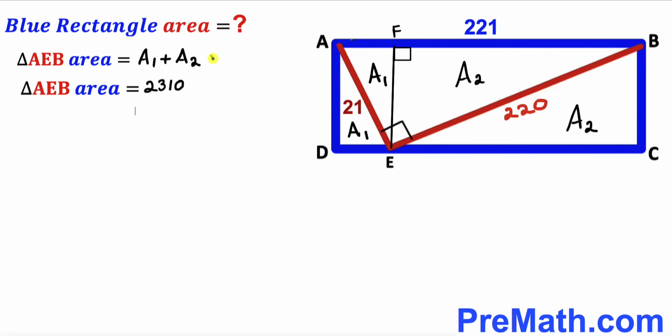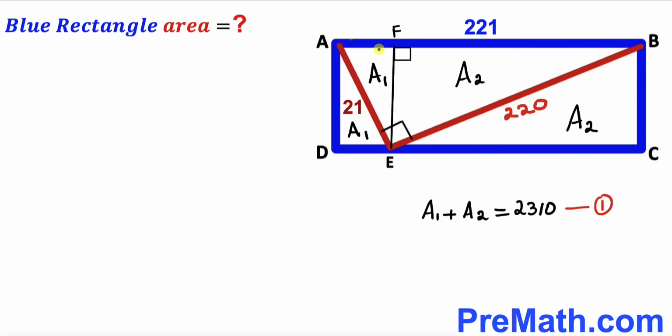If we compare these two equations, A sub 1 plus A sub 2 equals 2310, and I'm going to label this as equation number 1. Furthermore, let's focus on the whole blue rectangle ABCD.